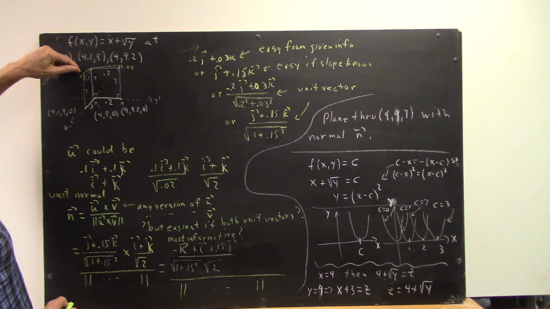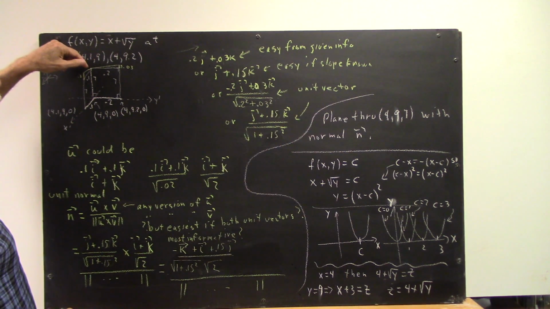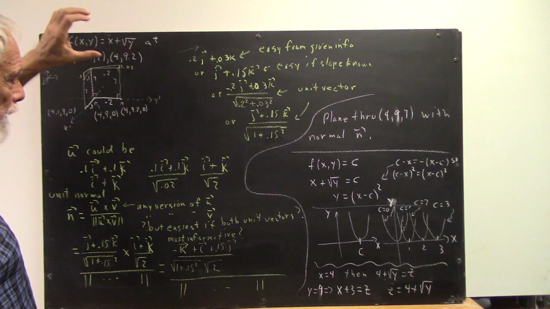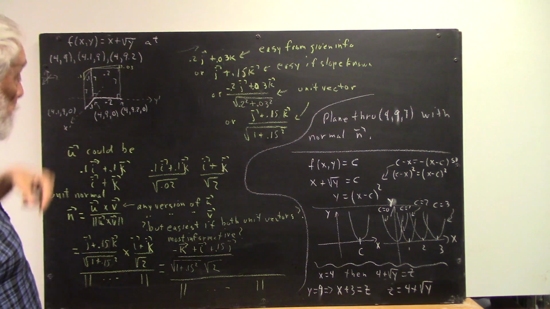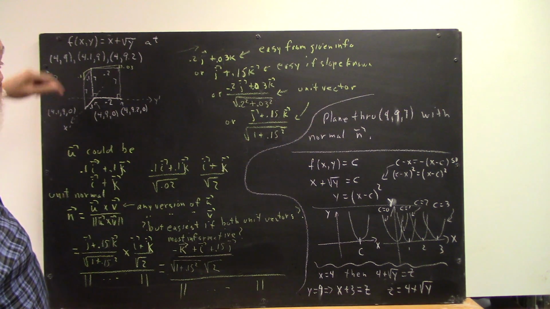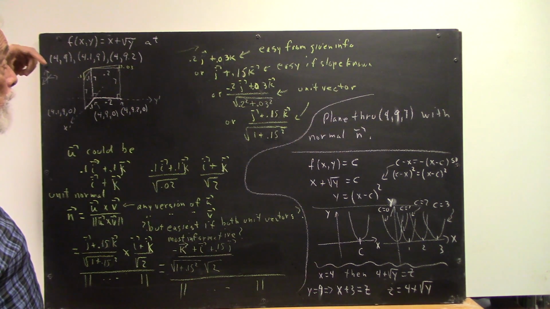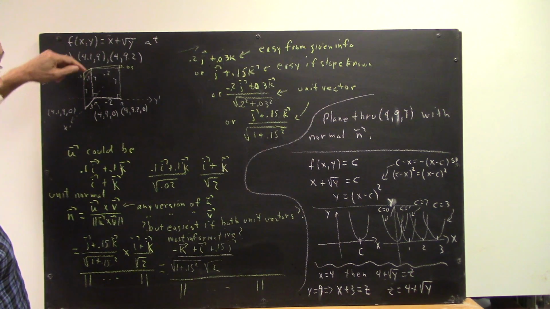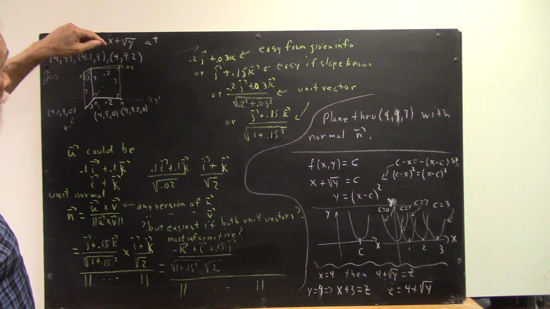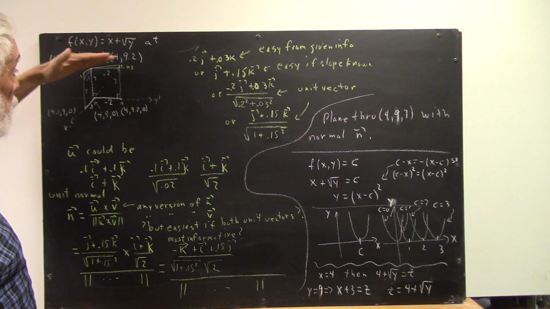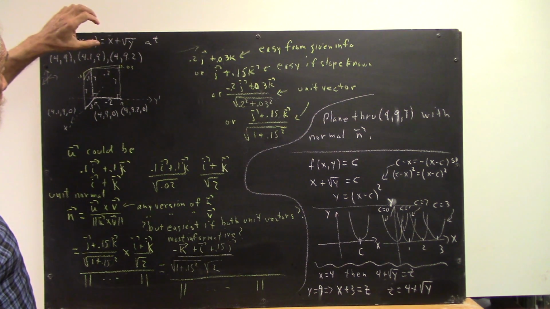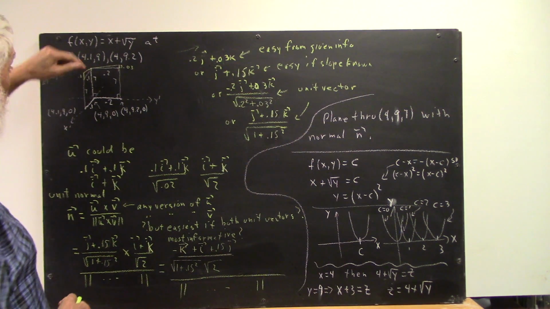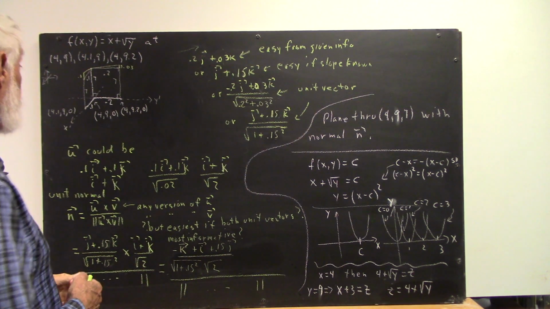This one actually does run along the graph because x is linear. This one doesn't exactly run along the graph because the square root of y isn't linear, but it's very close. In any case, this segment here is tangent to the surface f(x, y) at this point, and this line segment here is tangent to the surface at the same point. So we have two tangents to the surface here.